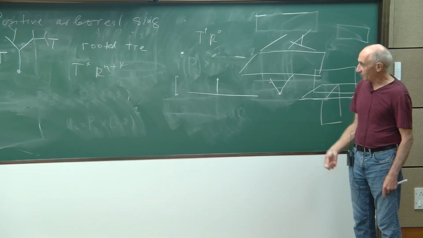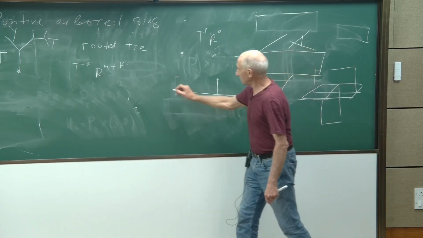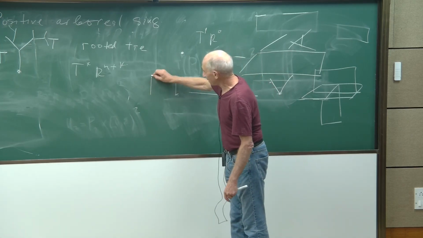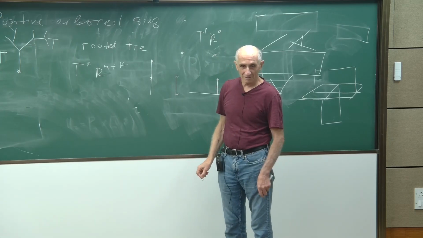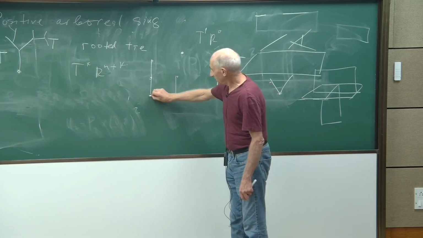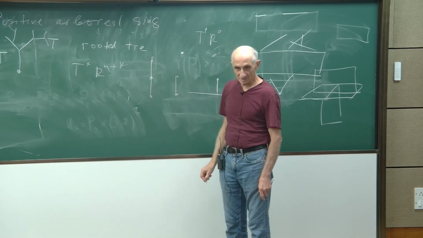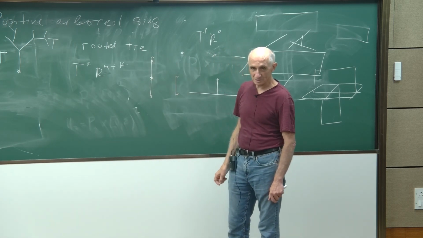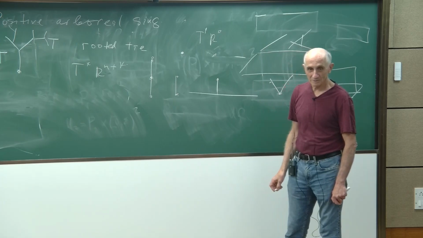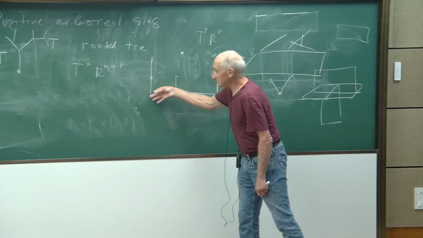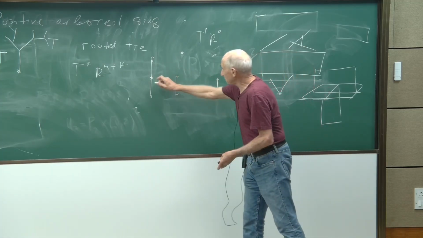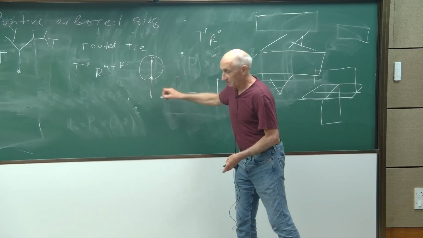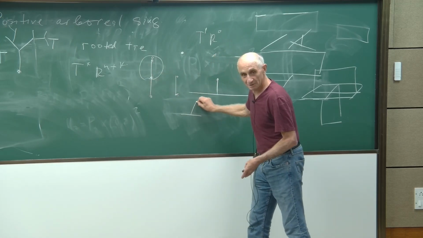Now you can guess what happens after that. You have this one. Take this tree, then what do you associate with this tree? Then you have the train track. So this is in 2 dimensions, and in the boundary you have a Legendrian which corresponds to this tree, which is just that.